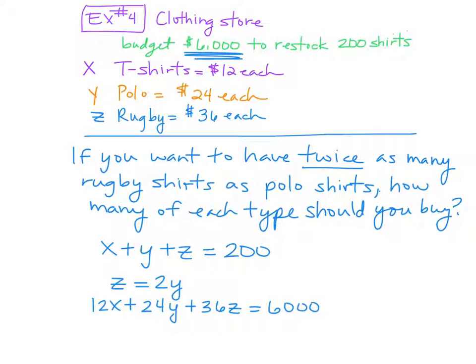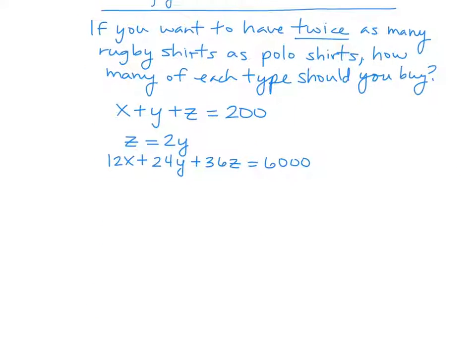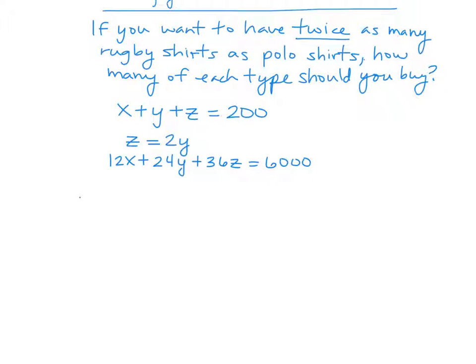Okay, so here's the deal. If we're going to solve this, the first thing we're going to do is simplify that third equation because, as it turns out, all 3 of those numbers are divisible by 12. So we're going to turn that equation into X plus 2Y plus 3Z equals 500.